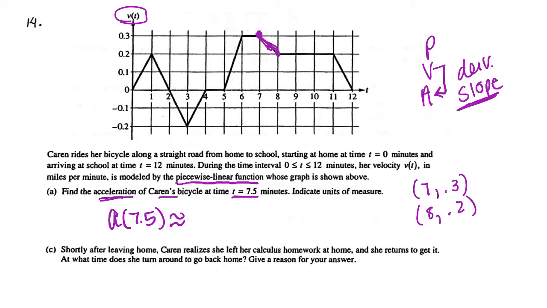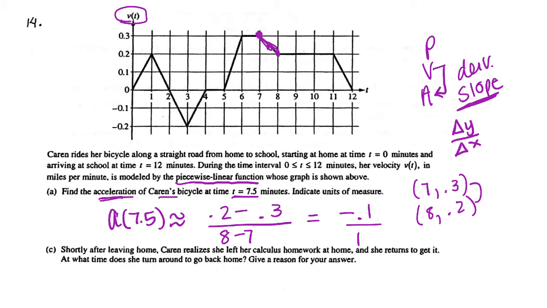So we're just going to do our slope formula here. So changing y's, remember it's changing y's over changing x's. So we're going to say 0.2 minus 0.3 over 8 minus 7. And notice that's going to give us negative 0.1 over 1.